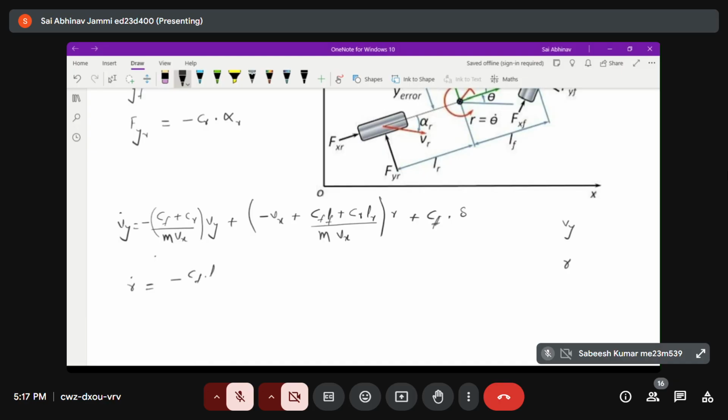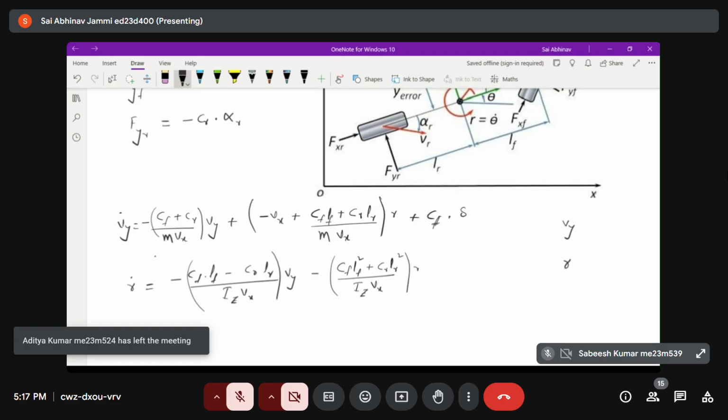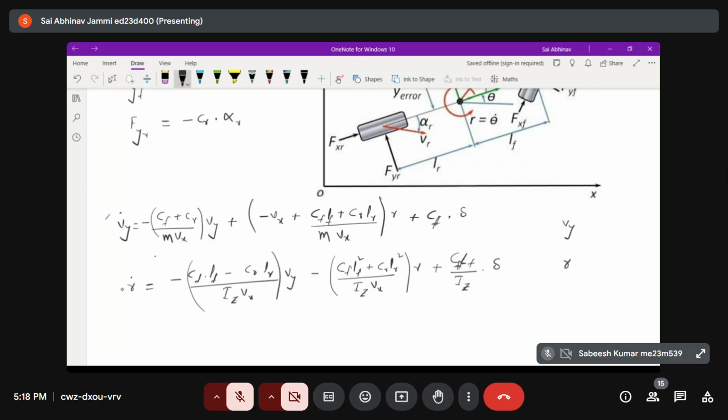So minus Cf into Lf minus Cr into Lr. So this will be my governing equation for Vy and R.